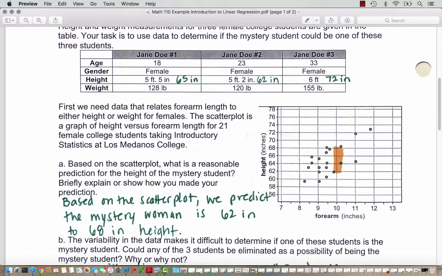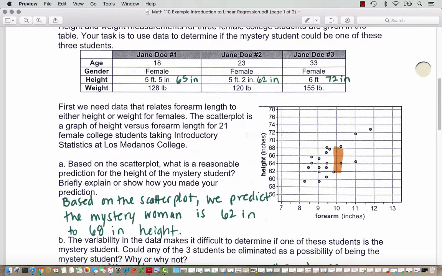Based on the scatter plot, what is a reasonable prediction for the height of the mystery student? Briefly explain or show how you made your prediction. So on the scatter plot, I have used an orange highlighter to highlight the range that I think corresponds with 10 inches. So if you come to an x of 10 inches and head up, what's the range here of point values from our scatter plot?